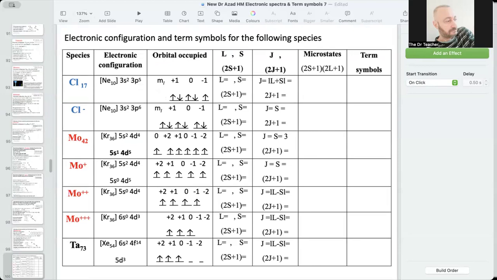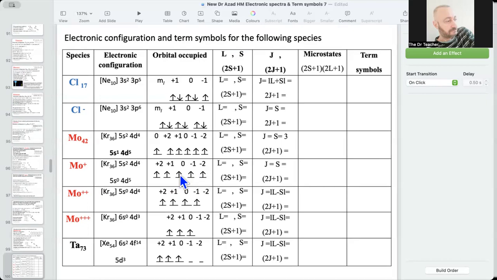If you have ions, you remove one electron from the outer shell. Molybdenum +1: you can see here 5s2, 4d4. So losing one electron from the s, and the other one will migrate to d4. Why? Because the d has 5 suborbitals, and the more stable arrangement of molybdenum +1 is like this.